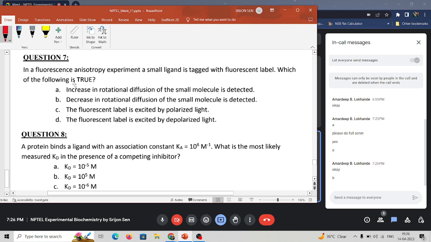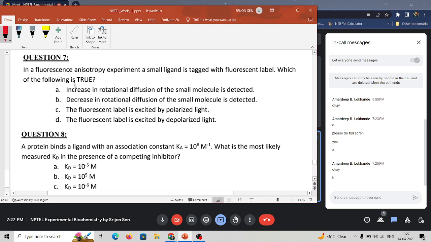In a fluorescence anisotropy experiment, a small ligand is tagged with a fluorescent label. Which of the following is true? This is an MSQ question, so more than one option is correct. Increase in the rotational diffusion of the small molecule is detected. Decrease in the rotational diffusion of the small molecule is detected.